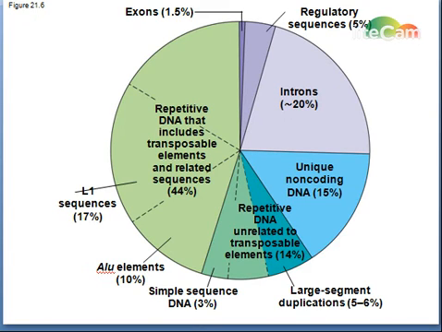About three-fourths of repetitive DNA is made up of transposable elements and the sequences related to them, also known as transposons. Much evidence indicates that non-coding DNA, which was previously called junk DNA, actually plays an important role in the cell.